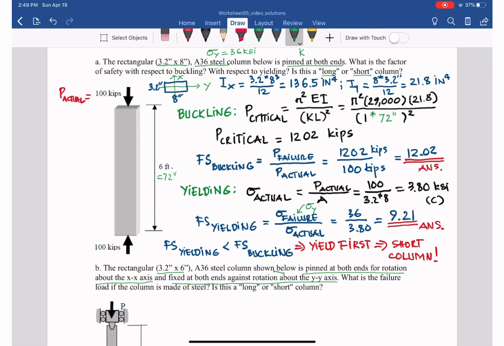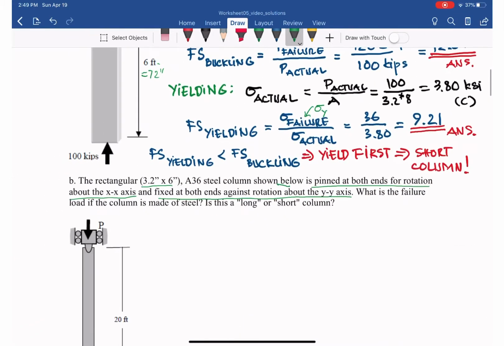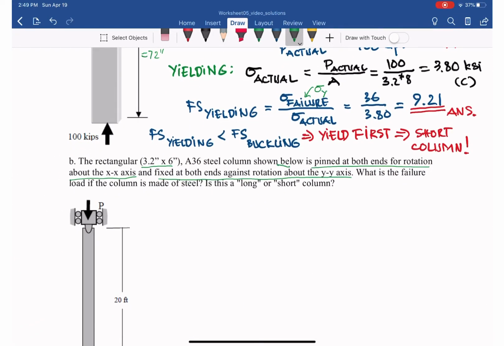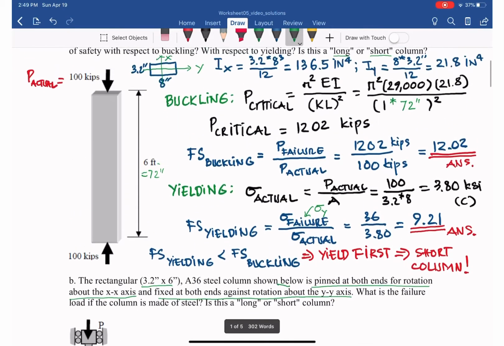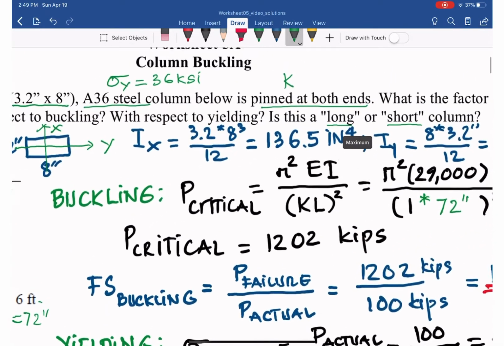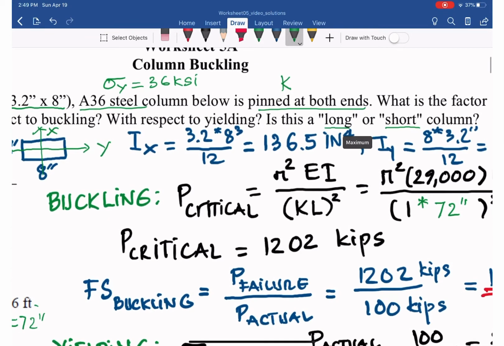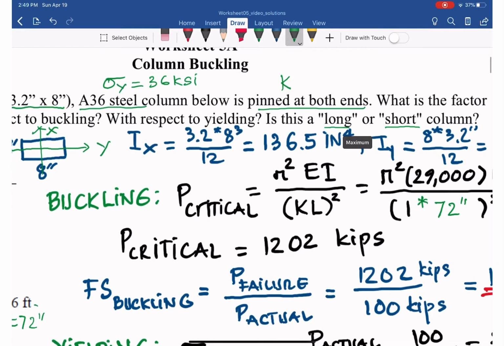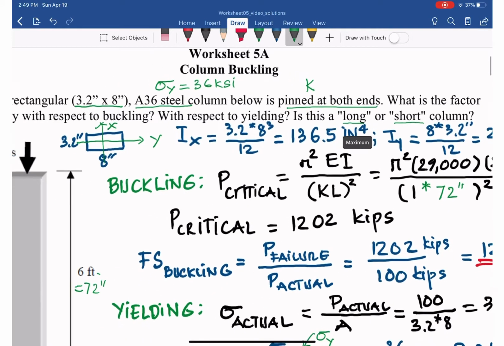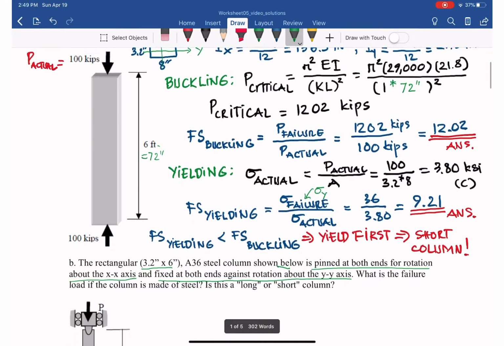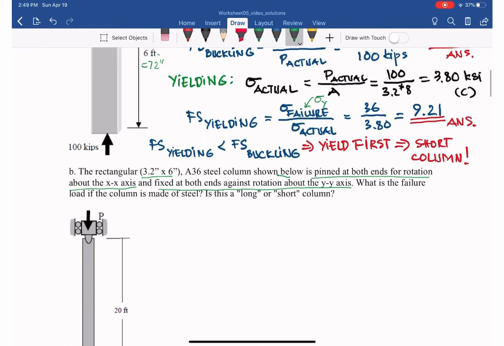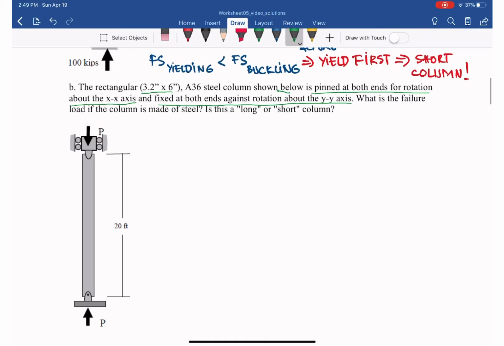It is pinned at both ends for x and y direction before, but this one has different end conditions about the x-axis and the y-axis. So the critical load is P critical equals pi squared EI over KL squared, and I for each direction is not the same for a rectangle, and K depends on the end condition. So we have to determine the critical load for bending about the x-axis and the y-axis.